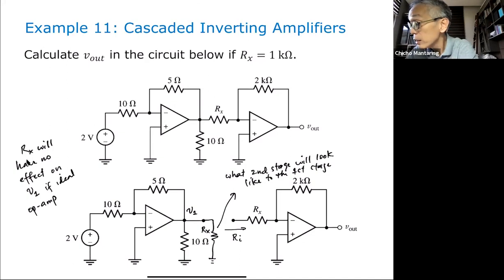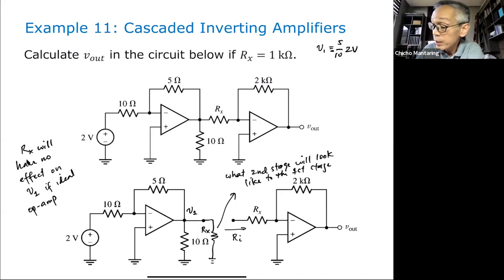V1 is just going to be negative 5 over 10 multiplied by 2 volts, because this is just an inverting amplifier. This is your feedback resistor, this is your input resistance, this is your source resistance. So negative 5 over 10 multiplied by 2 volts, that is V1. So V1 will just be minus 10 over 10, or minus 1 volt.